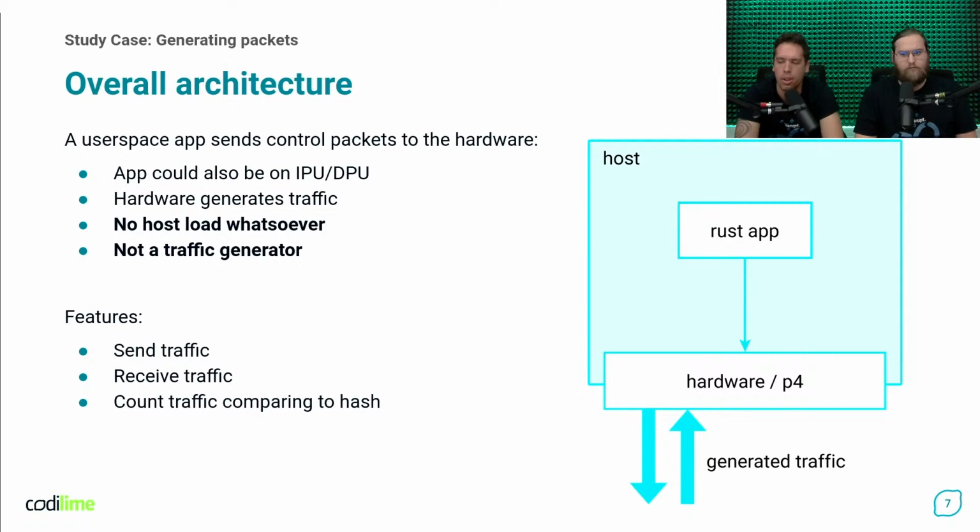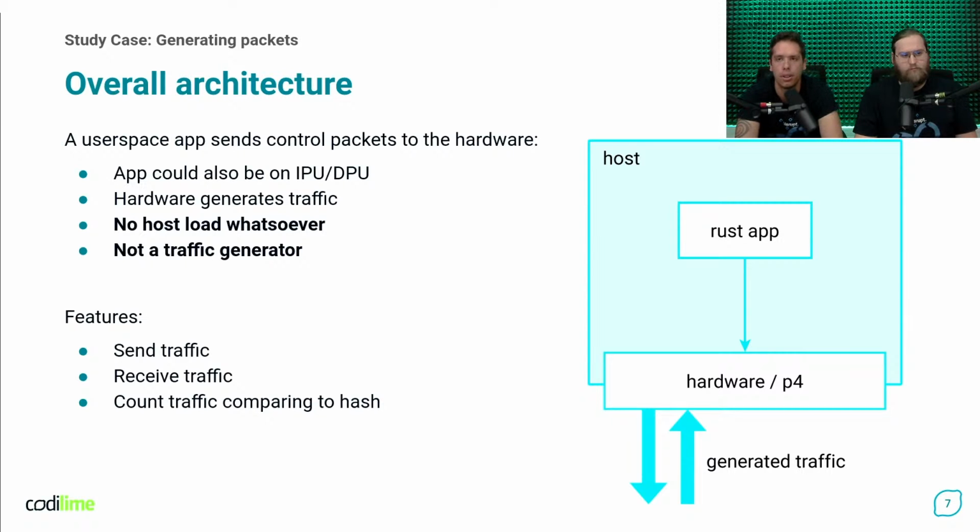On this host, we also have some hardware that supports P4, a SmartNIC that supports P4. And the communication between the Rust application and the hardware is realized by sending control packets from the app to P4. All of the heavy lifting is performed by the SmartNIC itself.